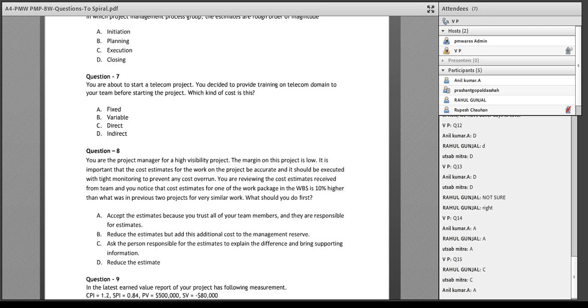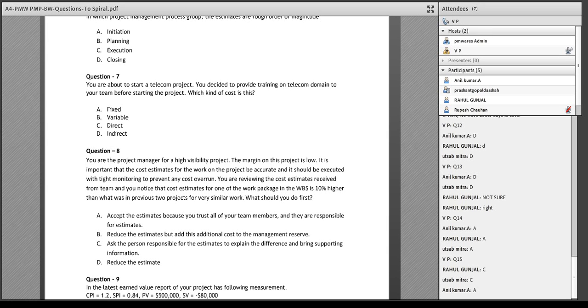See, A says ensuring baseline includes all authorized budget except management reserve. That means we are talking about budgeting. Aggregating cost of individual activities or work packages to establish a cost baseline.